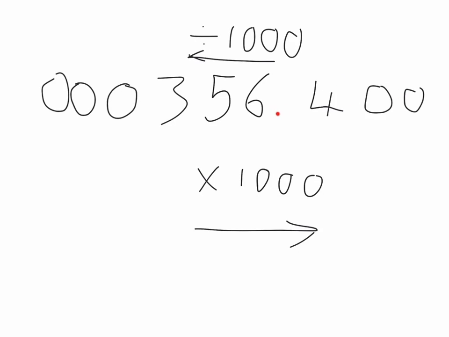It's going to move 1, 2, 3. So the new decimal point is going to be here, and we'll just rub out the old one. So the new number, I'm going to put in a comma here because it's a very big number, is 356,400.